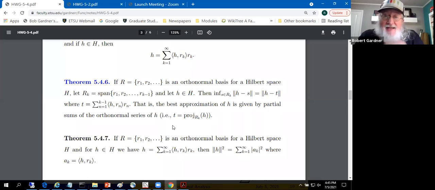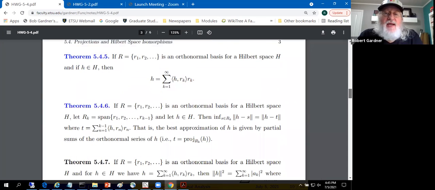Maybe a better way of stating this, it's a little less symbolic, but a little more conversational: the best approximation of H is given by a partial sum of the orthonormal series. So if you're only going to use the first k minus 1 of the basis vectors to approximate vector H, do so by taking the coefficients as we had them in the previous result.